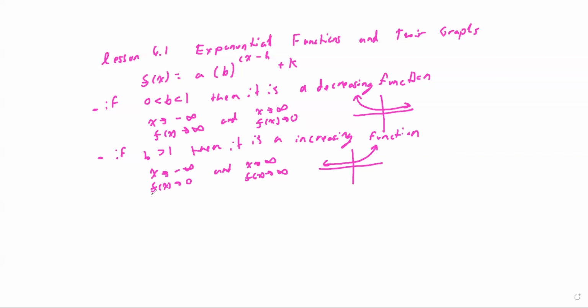All right, so those are the characteristics that are specific to exponential functions on the types of graphs. After that, everything else is pretty similar. Again, we're just going to focus on reflections and shifting, not so much stretching and compressions. So if that a is less than 0, meaning it's a negative, it will reflect across the x-axis.